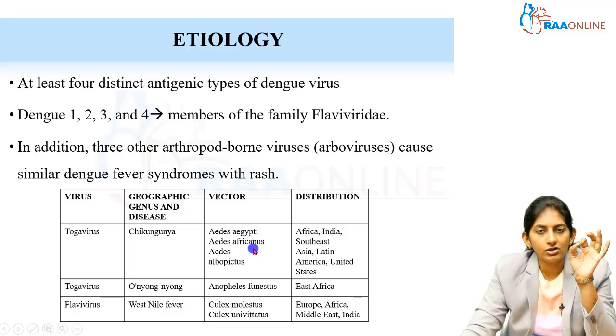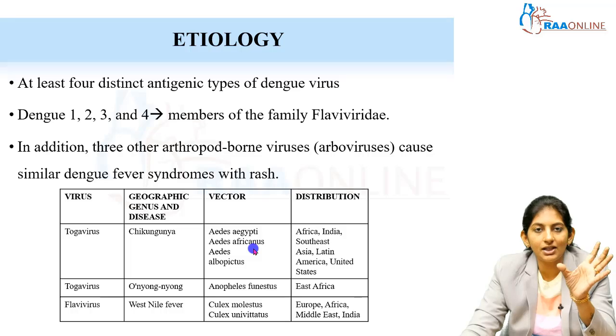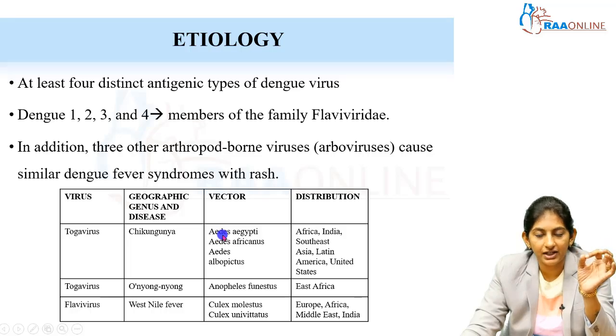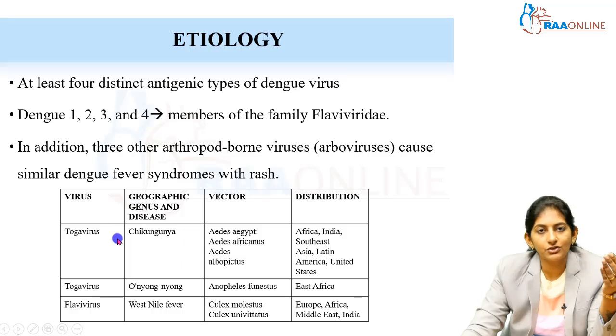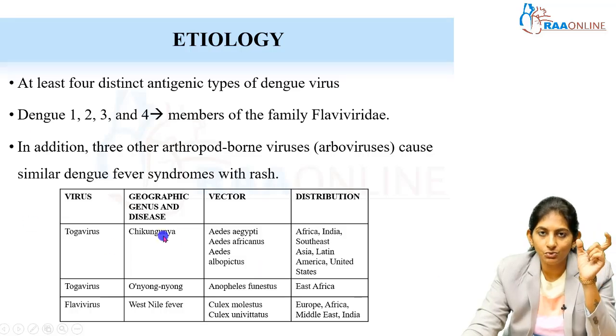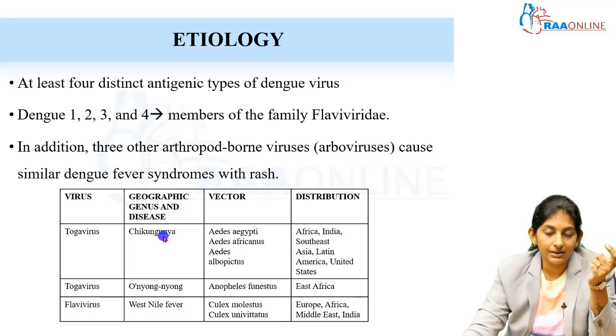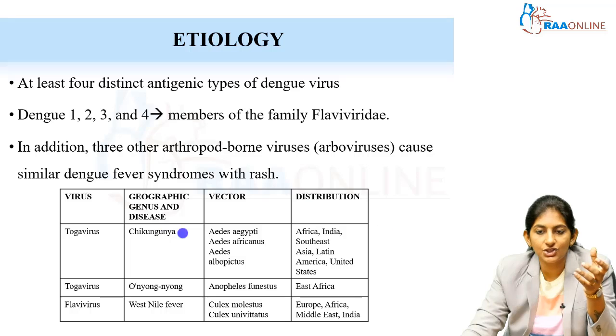Chikungunya also has a seasonal predilection similar to dengue, and it is also spread through the vector Aedes aegypti, right? Apart from Aedes aegypti, the other vectors for chikungunya are Aedes africanus and Aedes albopictus. Chikungunya has a very similar illness to dengue, and its distribution is not just in India, but also extends to Southeast Asia, Africa, even the United States.